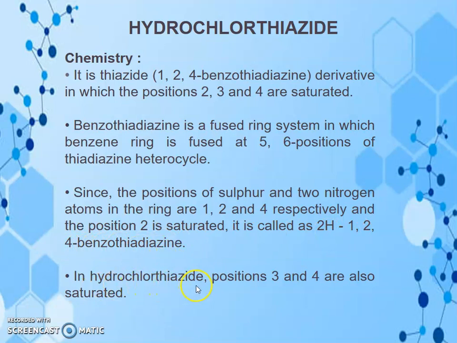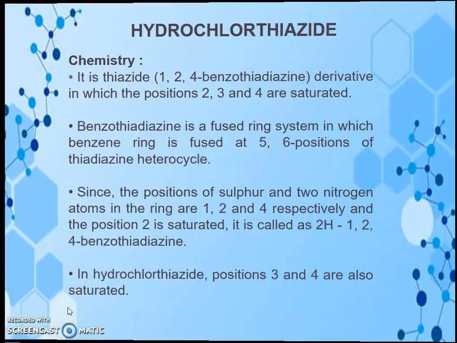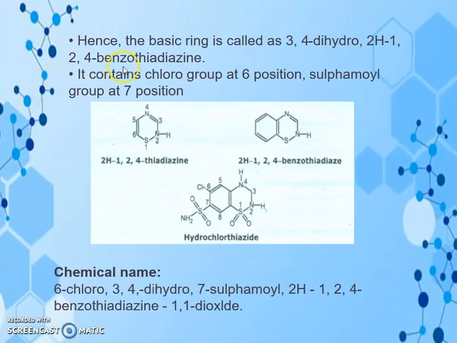In hydrochlorothiazide, positions 3 and 4 are also saturated. Hence, the basic ring is called 3,4-dihydro-2H-1,2,4 benzothiadiazine. It contains a chloro group at the 6 position and a sulfamoyl group at the 7 position.